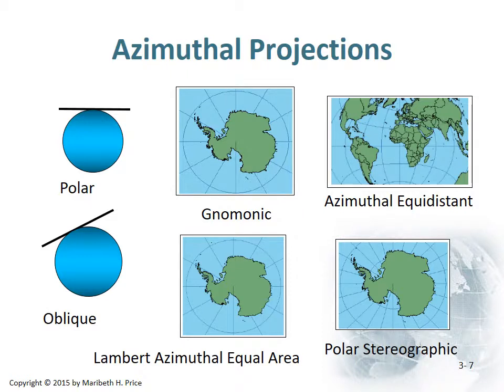So when we look at the names of these things, the names are giving us clues as to how the map projection is derived, where the light source is perhaps, and what major map property it's really good at preserving compared to the other map properties. So the name alone is something to examine.